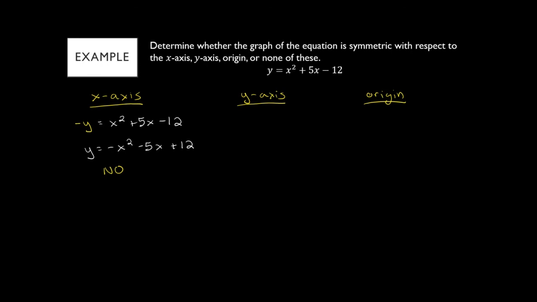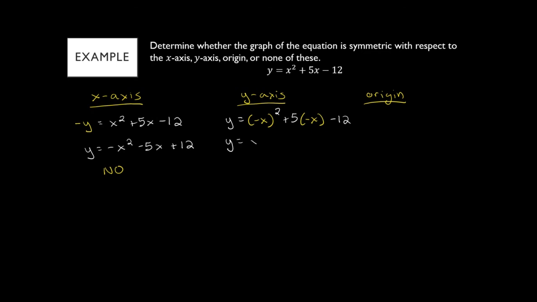Now, y-axis symmetry, we plug in a negative x. So first I got my y equals, then negative x squared plus 5 times negative x, and then minus 12. So we've done a lot of this work before.